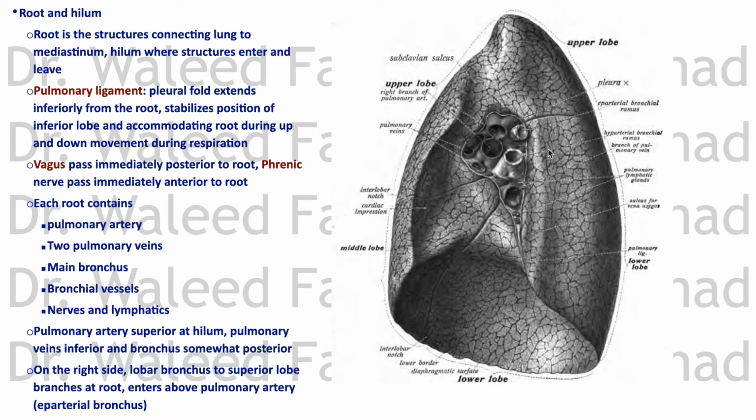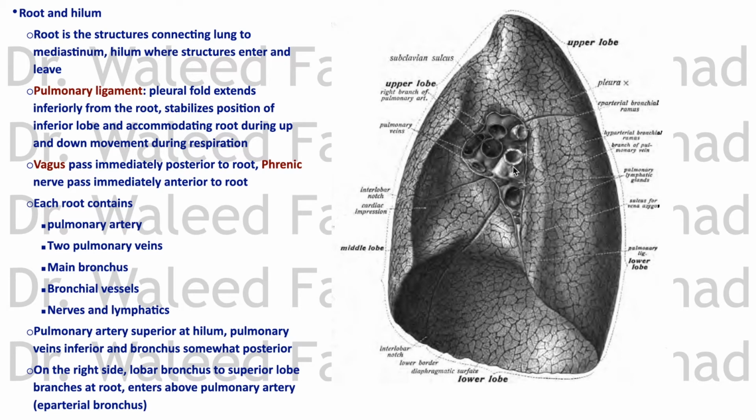Okay, each root contains the pulmonary artery, the two pulmonary veins, main bronchus, bronchial vessels, the nerves and lymphatics. Arrangement: roughly the veins are at front, the bronchi at the back, and the artery is in the middle and superior. As you can see here, this is the pulmonary artery, and this is a branch of it.